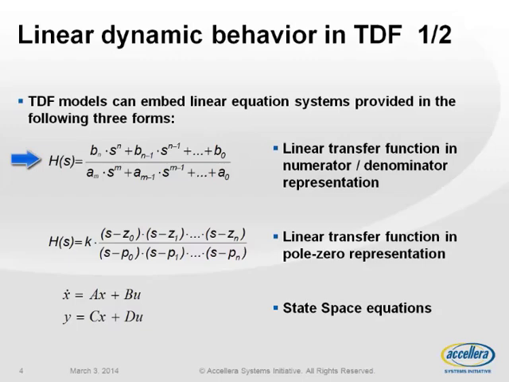And in SystemC AMS, you will see there is a way to set up the b and the a coefficients of this numerator-denominator representation. You also have another representation called pole-zero, which also involves setting coefficients in a specific function of a TDF module. And if you want, you can also set up your system as state space equations.